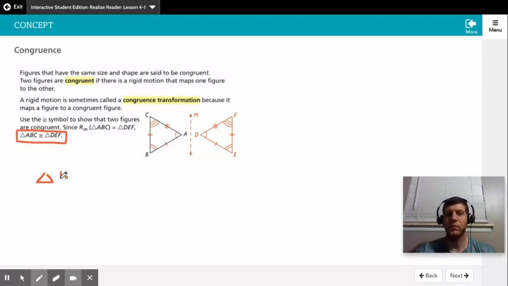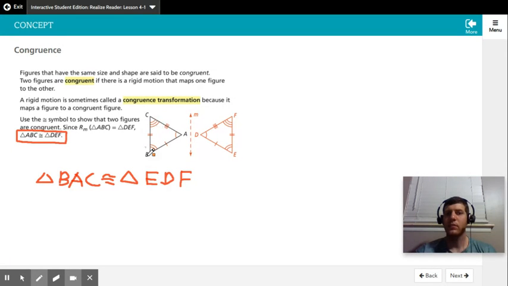So we could name the first triangle BAC. There'd be 6 different ways to name this first triangle. You can name it however you want, but when you write your congruent statement, you have to match it up with the corresponding vertices. So B here is congruent with E, so we'd have to call this one triangle E, and then A is congruent with D, and C is congruent with F. So triangle BAC would be congruent to triangle EDF.